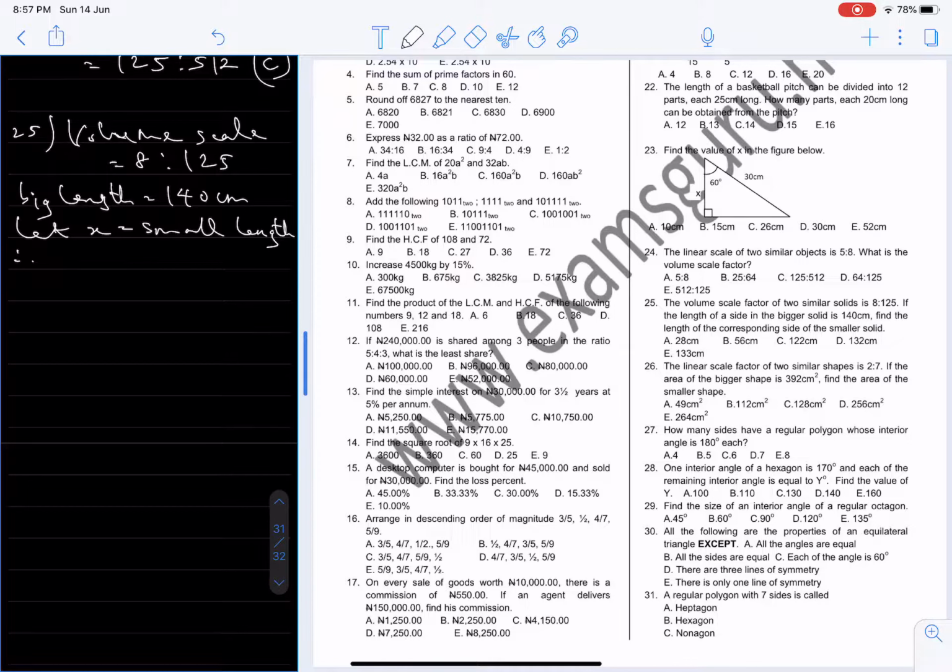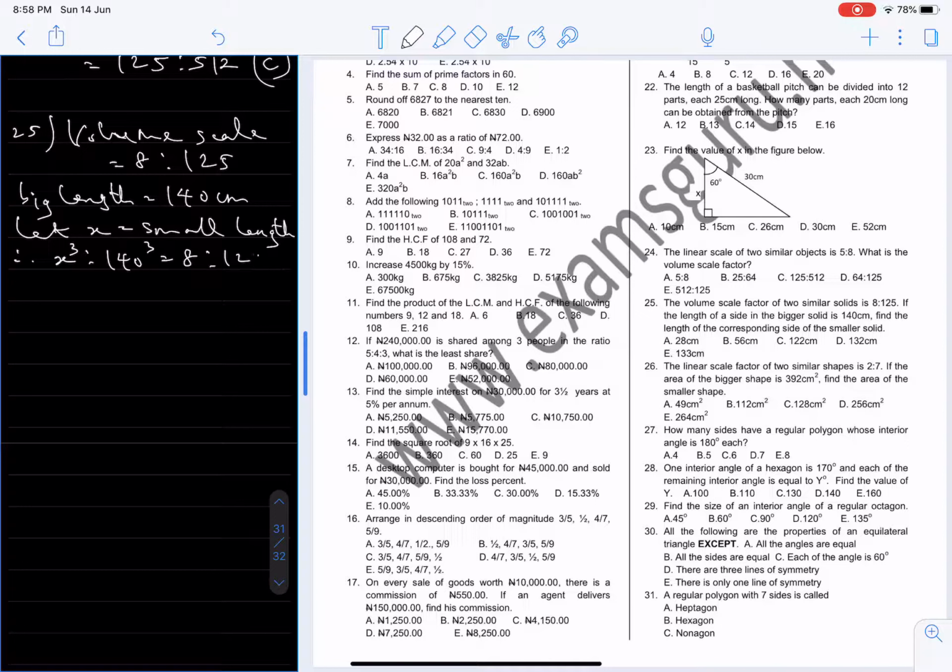Ratio 8 to 125 is small L cubed to big L cubed. So if small length is x, that means x cubed to big length cubed is 8 to 125.